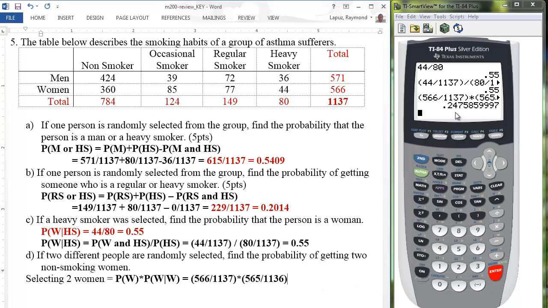And then we got 24.75% approximately, or 0.2476 rounded off for our result.